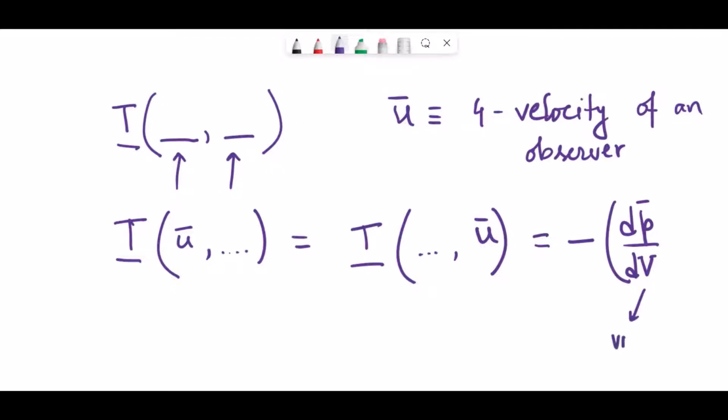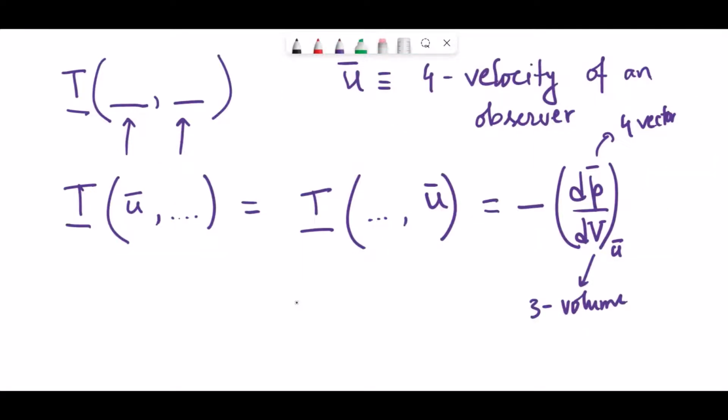So V is the volume, which will be the 3-volume to be precise, and P is a 4-vector, right? So obviously, the 3-volume in 4 dimensions will also depend on the observer, and therefore this whole thing will be measured with respect to the observer whose four-velocity is U.